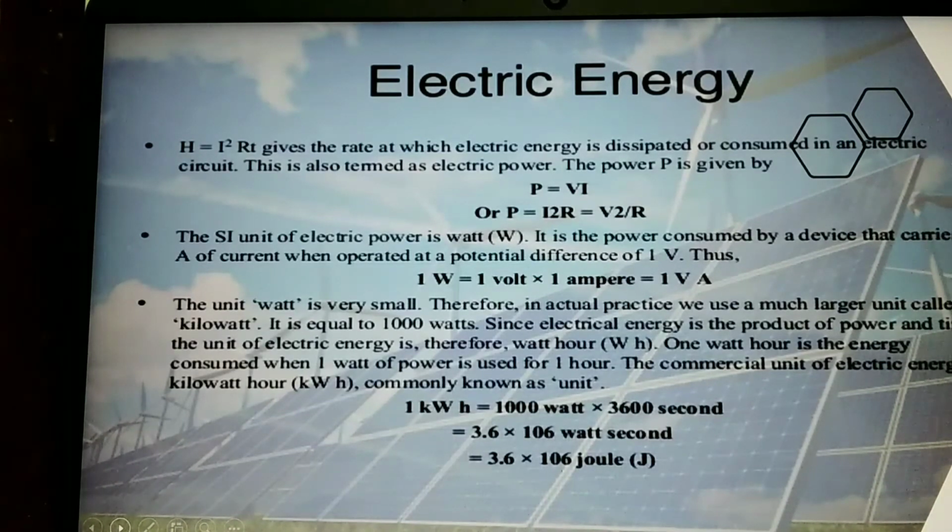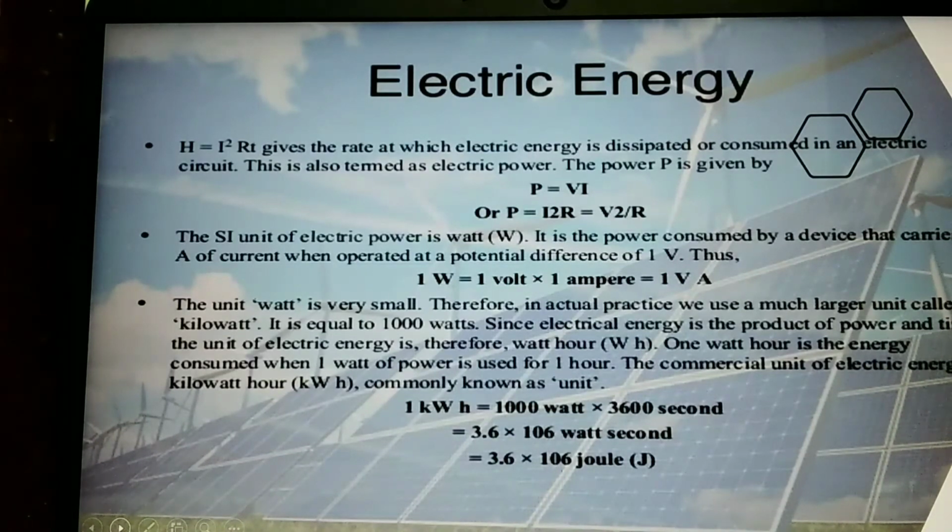The SI unit of electric power is watt. It is the power consumed by a device that carries 1 ampere of current when operated at a potential difference of 1 volt. Thus, 1 watt = 1 volt × 1 ampere, or 1 VA.